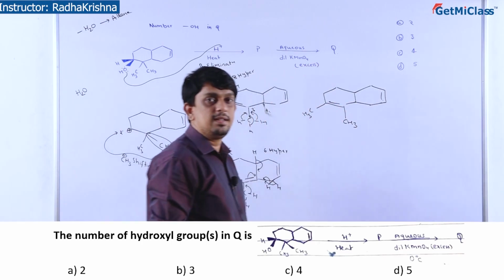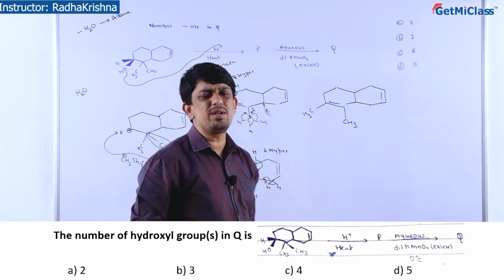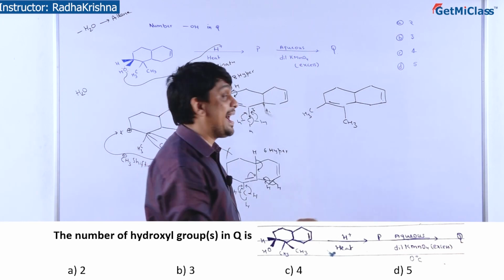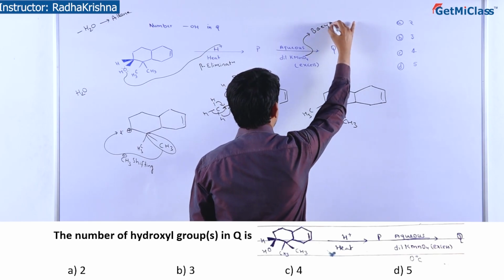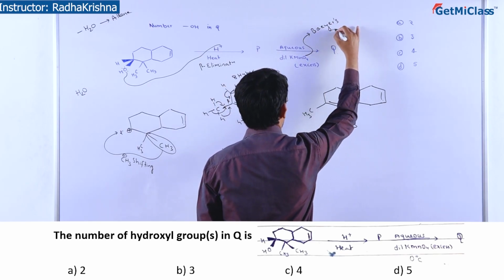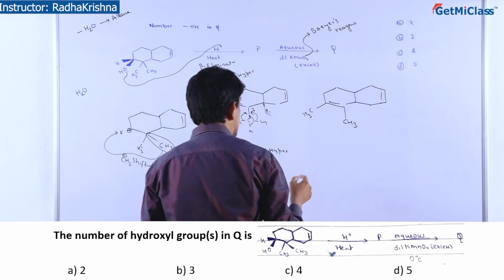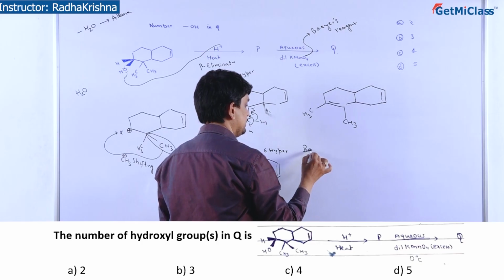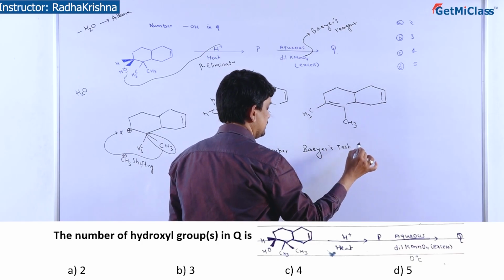Okay. Now finally, it's given aqueous dilute KMnO4. The moment you see the reagent, you should realize that they are talking about Baeyer's reagent. In the first year hydrocarbons chapter, you studied about this. So I'll just explain the Baeyer's test.